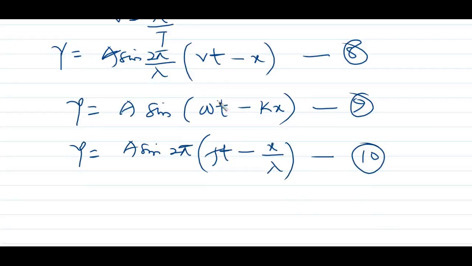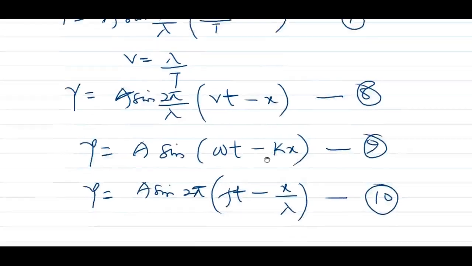So it's important you know this very formula: a sine 2 pi over lambda into vt minus x. The question might require you to use x minus vt instead of vt minus x. It depends on the direction of the wave. And this is omega t minus kx. You might be required to use kx minus omega t. And this is ft minus x over lambda. You might be required to use x over lambda minus ft.